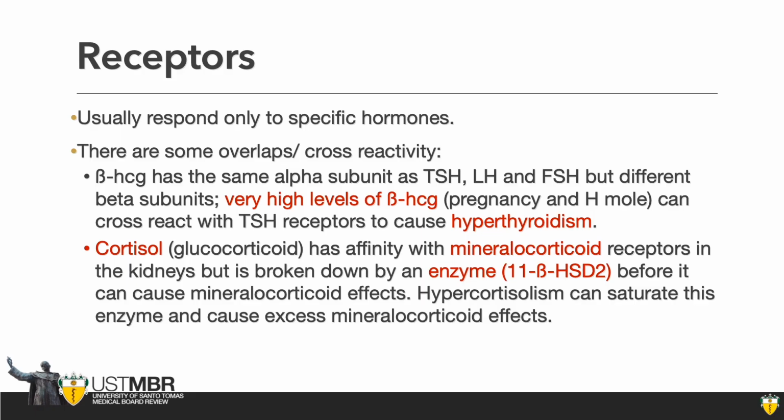However, this is important in hypercortisolism, whether endogenous or exogenous. There's a possibility of too much cortisol in the system that it overwhelms this enzyme. So you're going to have a spill of cortisol that the enzyme can no longer handle. Therefore, the cortisol now starts to have a mineralocorticoid effect. That's why there is hypertension and also hypokalemia in a case of hypercortisolemia.